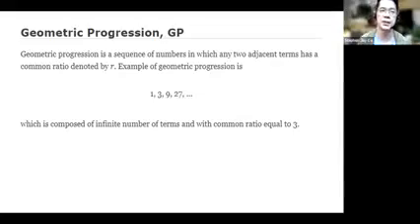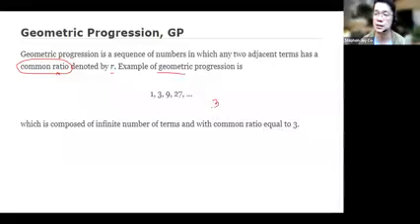When we say geometric progression, it has a common ratio denoted by R. Unlike the arithmetic, where there's a common difference from subtracting, the geometric progression has a ratio, meaning it is division. So in 1, 3, 9, 27, the ratio is equal to 3.